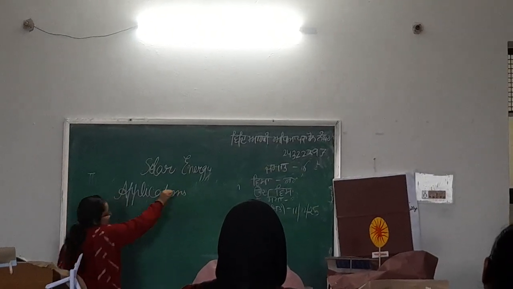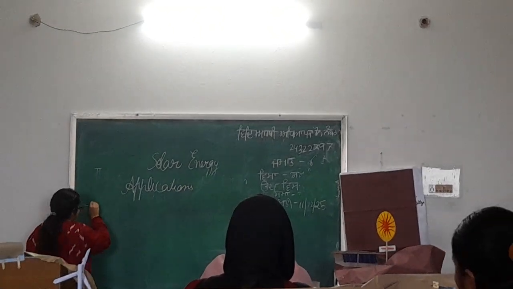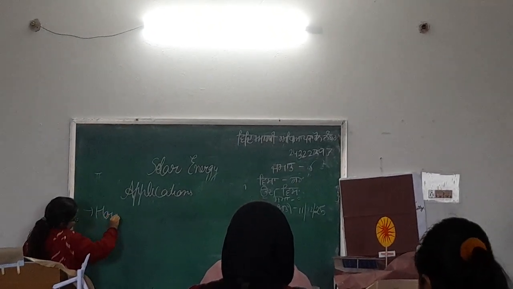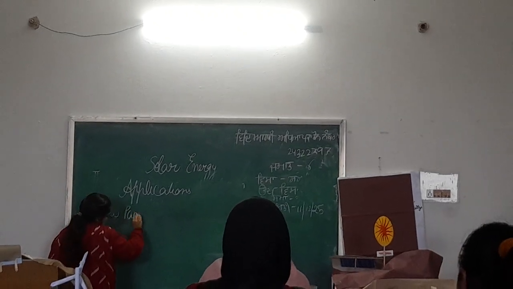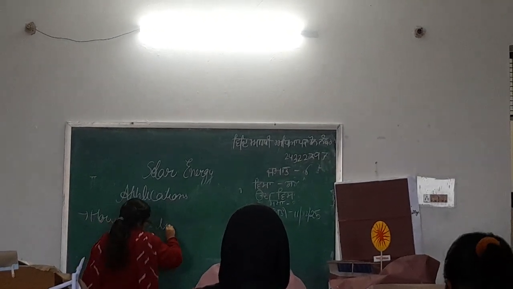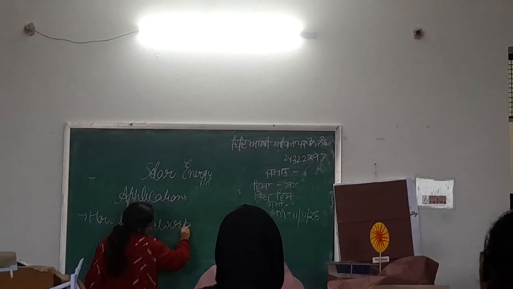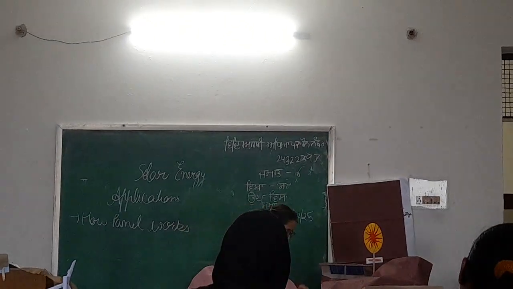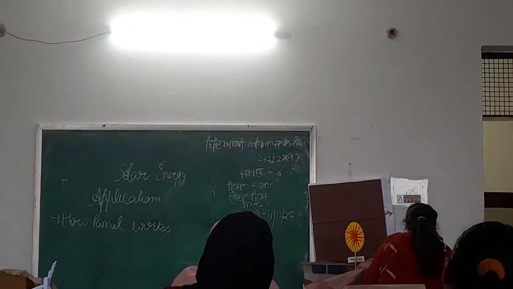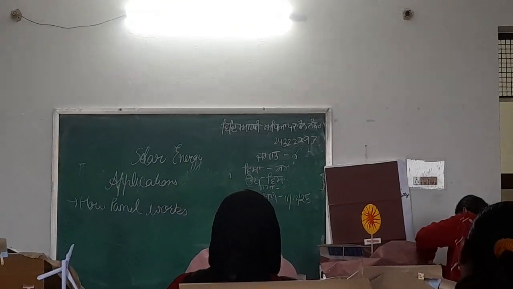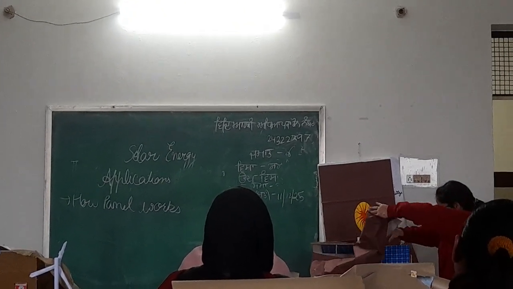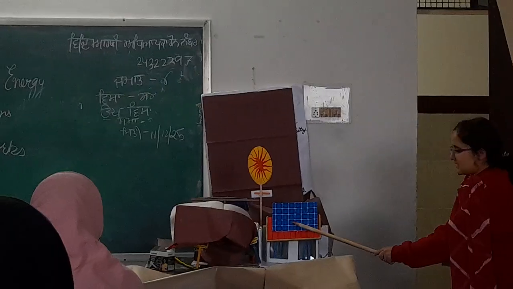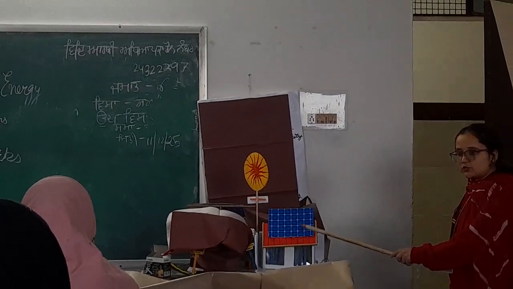So first we will study how a solar panel works. How do we get that energy with the help of a solar panel? So now see here, there is a plate on the roof of the house.